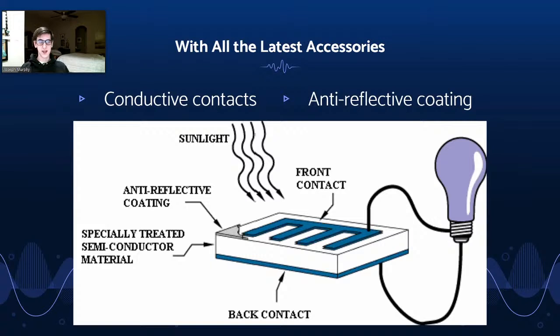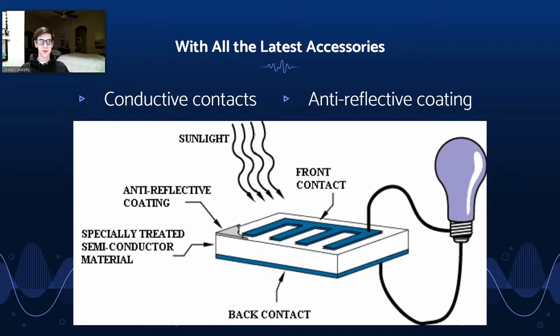But after we have generated all these free electrons and they start moving around, there's not much reason to keep them in a semiconductor, right? We might as well move them into something more conductive so they can move to other things to power, what you do with electricity, light bulbs and stuff.